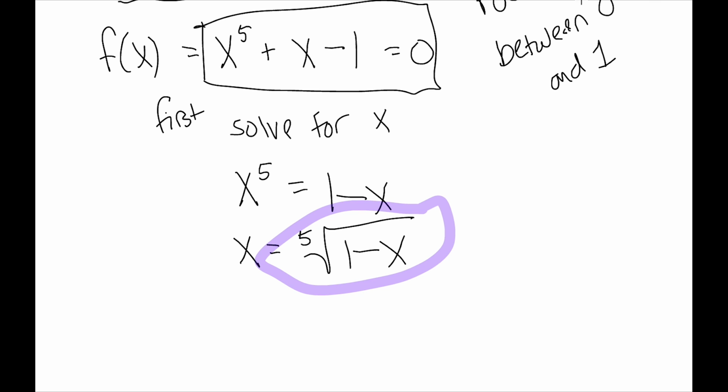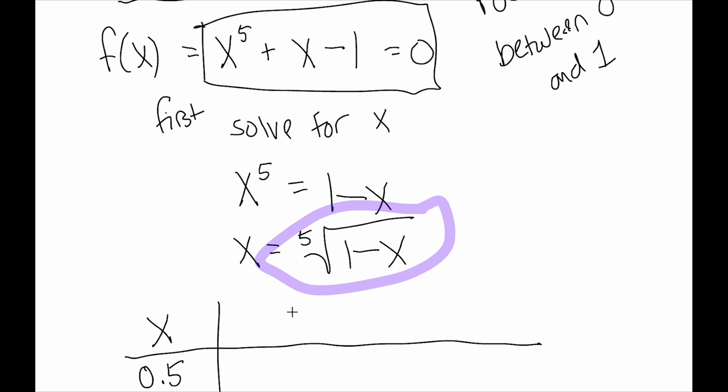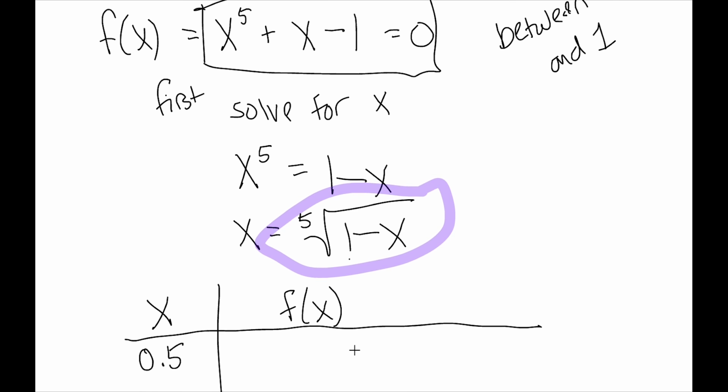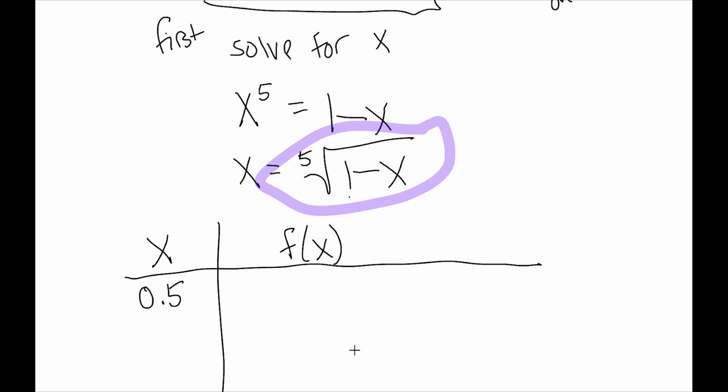Now, our root needs to be between 0 and 1. So we're going to pick a number in the middle and start there. Let's say x is 0.5. Plug 0.5 into this equation and you're going to get an answer. I would suggest this chapter will be a lot easier for you if you're using the store function on your calculator.